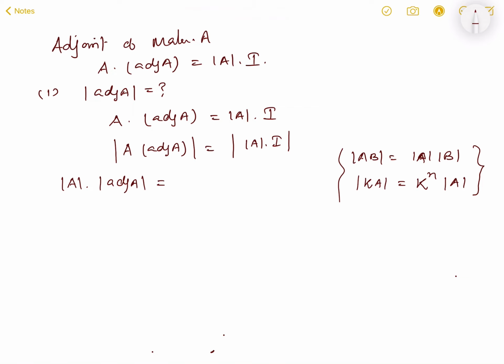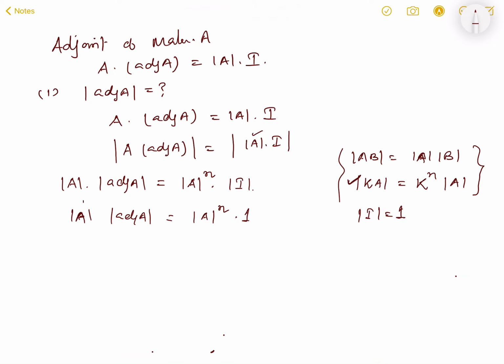this can be written as determinant adjoint A is equal to, determinant A is a numeric number, so this is the value of K. So here we can say determinant A to the power n into determinant I. Now determinant adjoint A is equal to determinant A to the power n into 1, because determinant I is equal to 1.